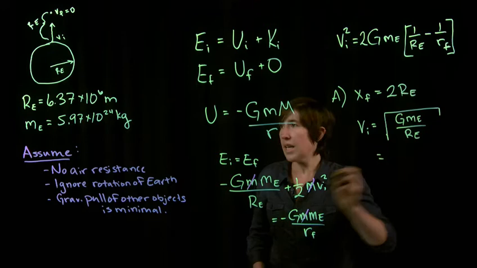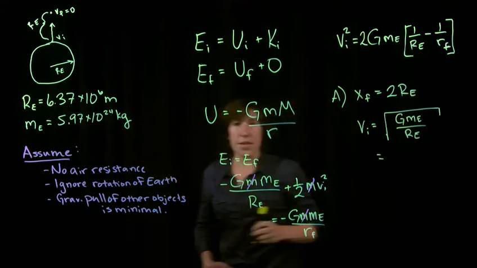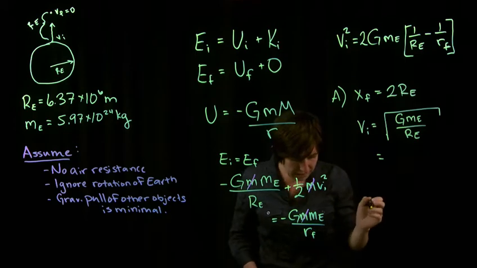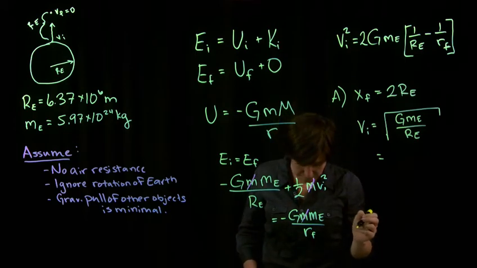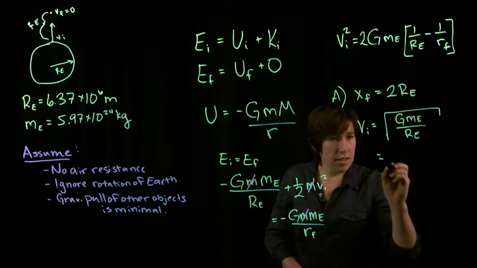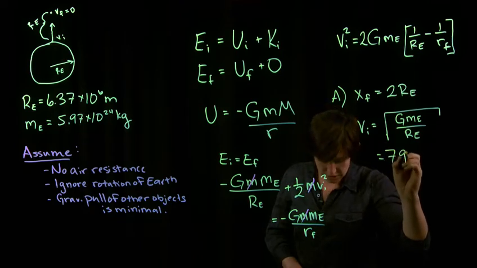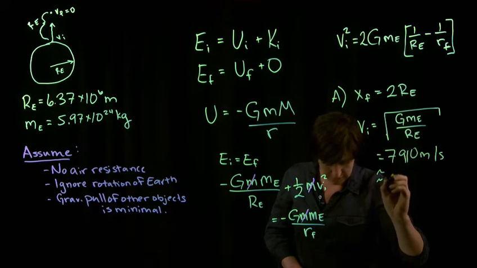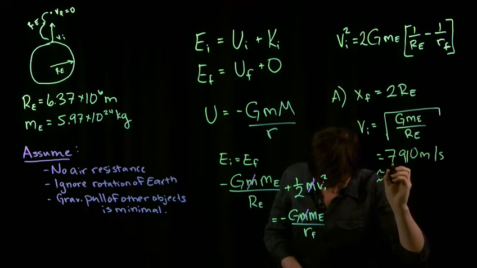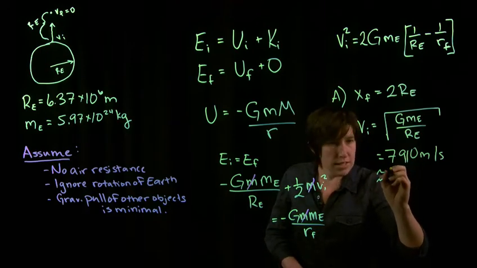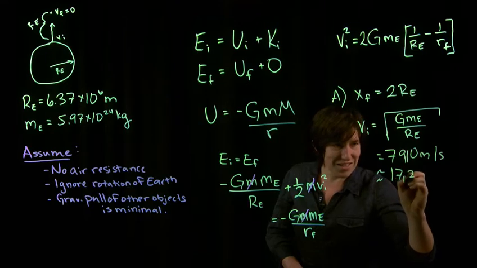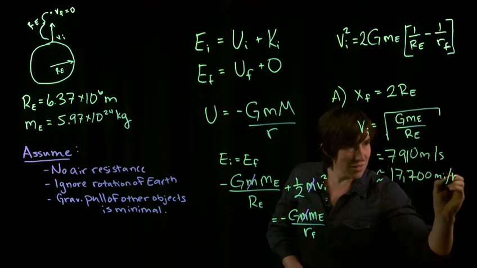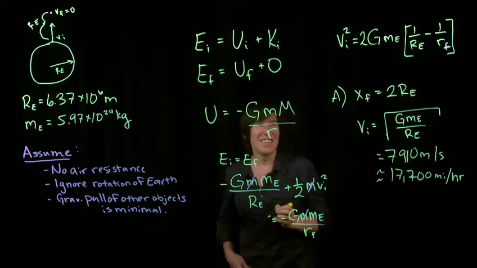And now if we plug in the values, plus big G, Newton's constant, what we find is that you need to shoot your first friend up with a velocity of 7,910 meters per second, or approximately 17,700 miles per hour. So pretty fast.